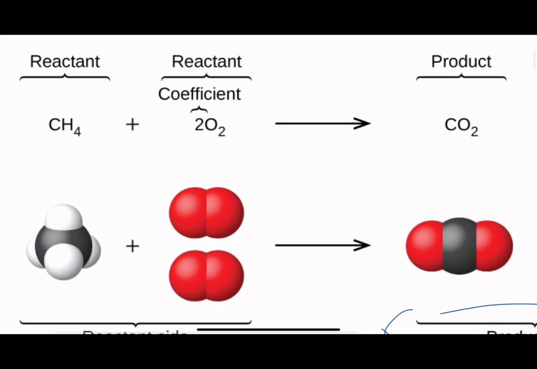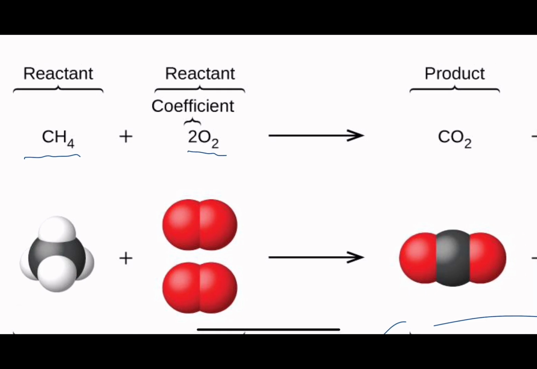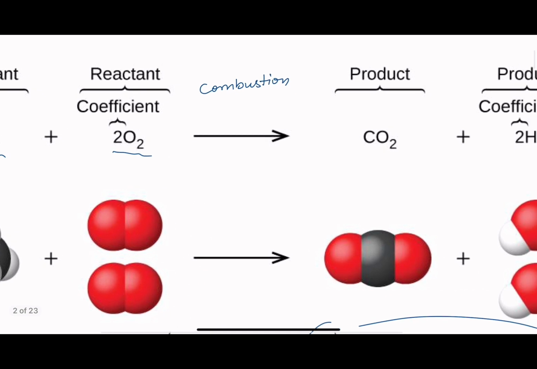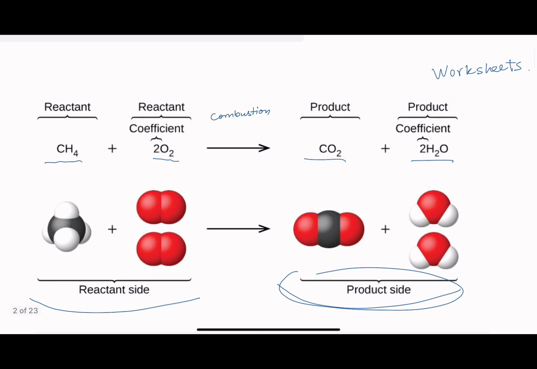In this reaction I have methane, which we will cover in 11th grade, what kind of chemical it is, but we have a combustion reaction given to us, and the product gives out the CO2 and the water. As you see over here, they have balanced all the elements from the left side and right side.